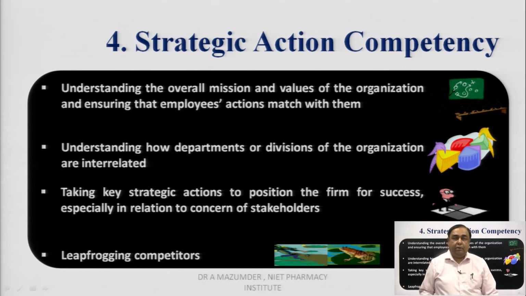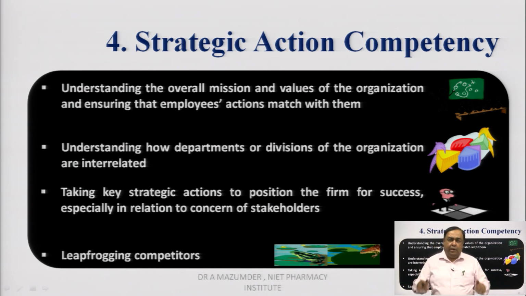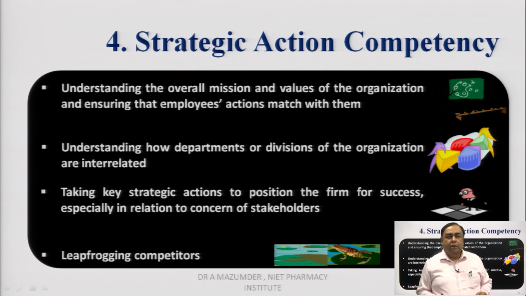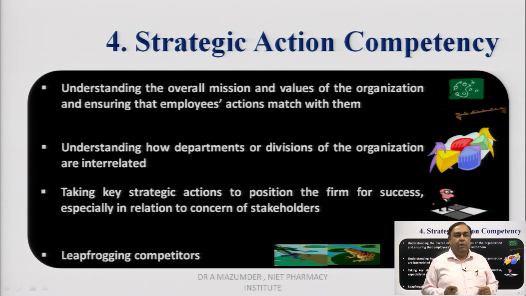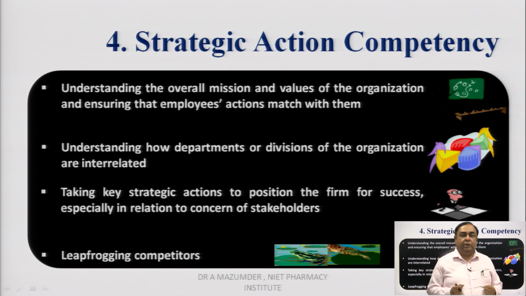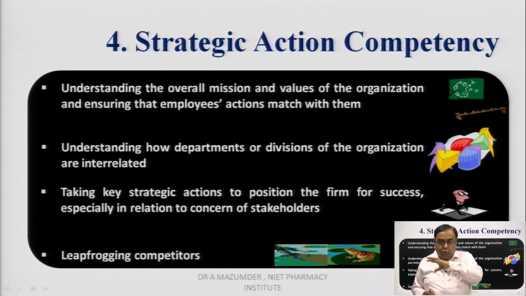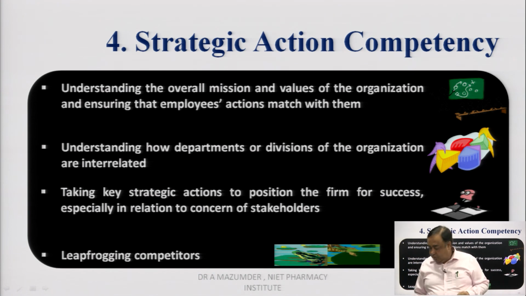The stakeholders have given you money. They do not want the company to drop down. So we have to take decisions so that our firm is positioned in such a manner that it will be successful and leapfrog the competitors. The competitors should not be allowed to cut down your profit.